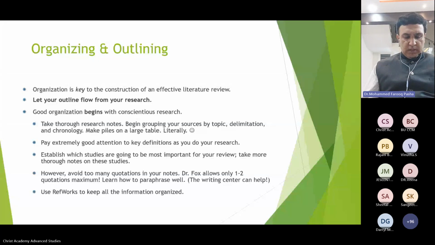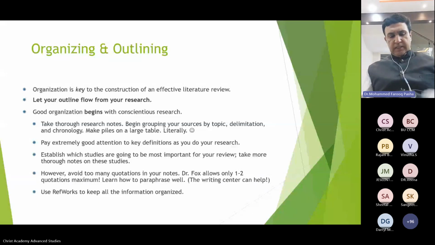Take more thorough notes on these studies. However, avoid too many quotations in your notes. Very important. Quotations, you can just give maximum one or two, not like a textbook where you give more quotations. Then use reference work to keep all the information organized. That is also to be taken care of.